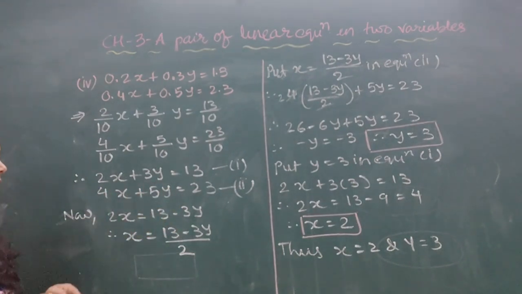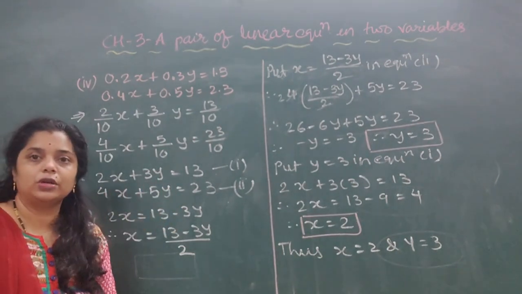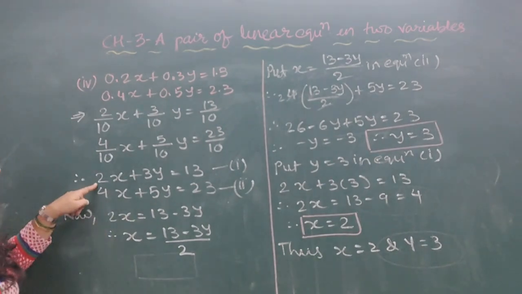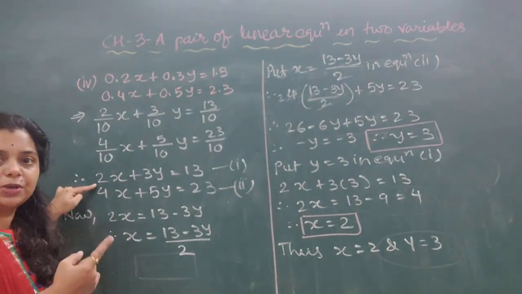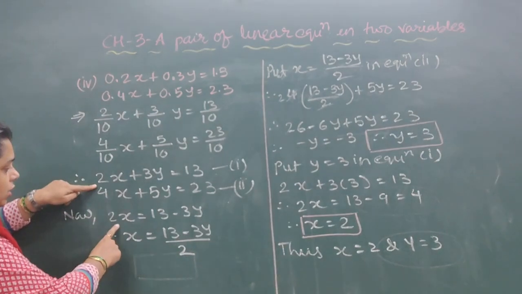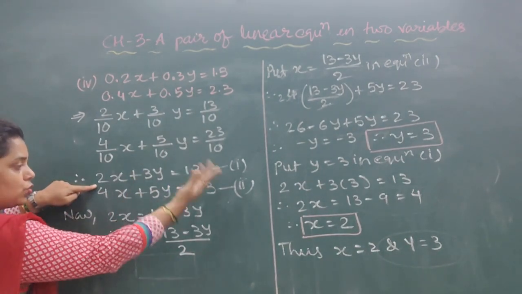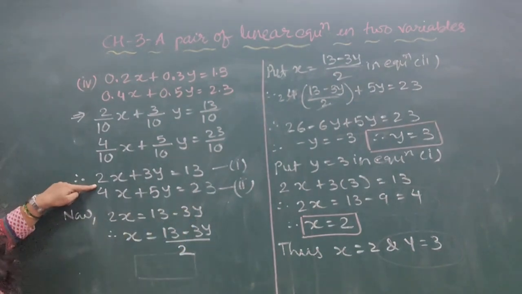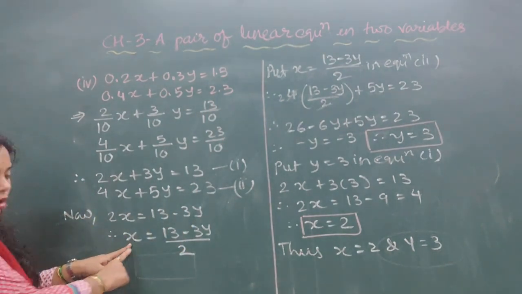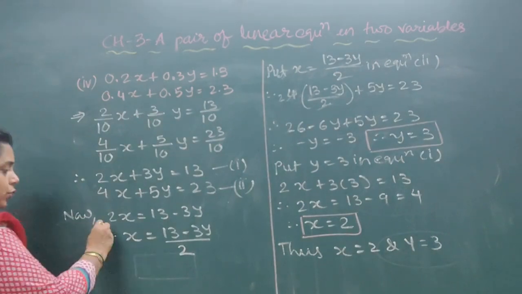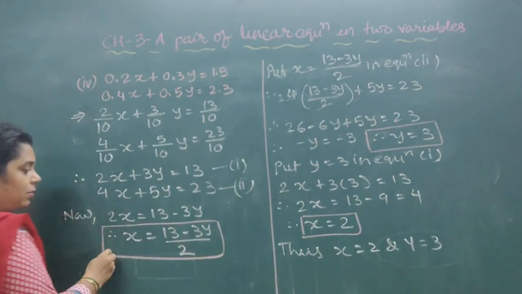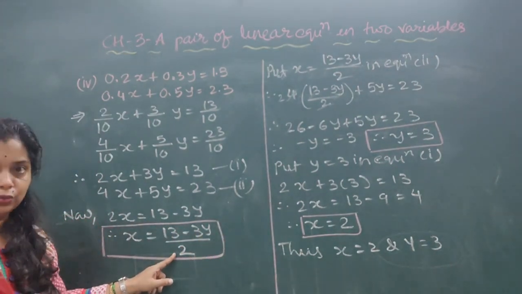Now we have to continue our process of substitution. I have selected the first equation for the expression of x in terms of y. So here I put 2x is equal to 13, and plus 3y goes to the other side, so it is minus 3y. By this way I got that x is equal to 13 minus 3y by 2.